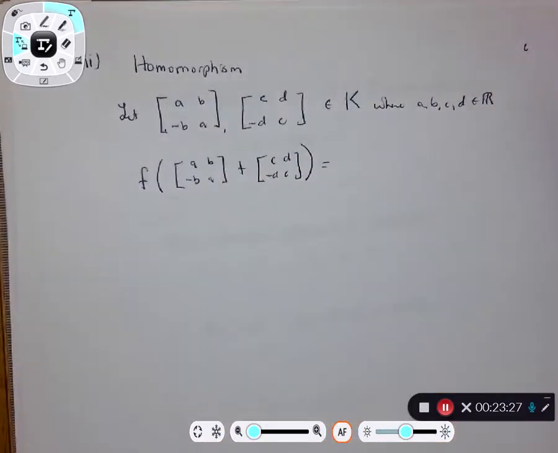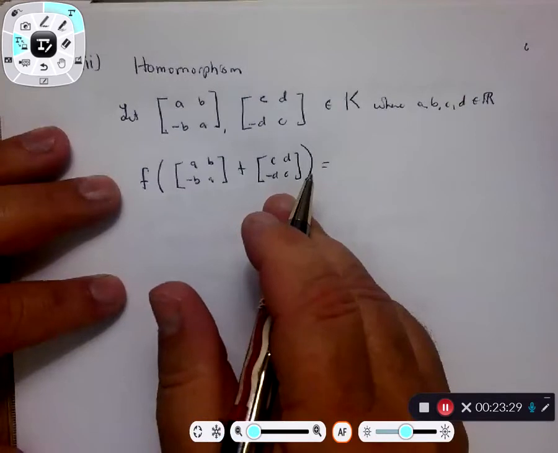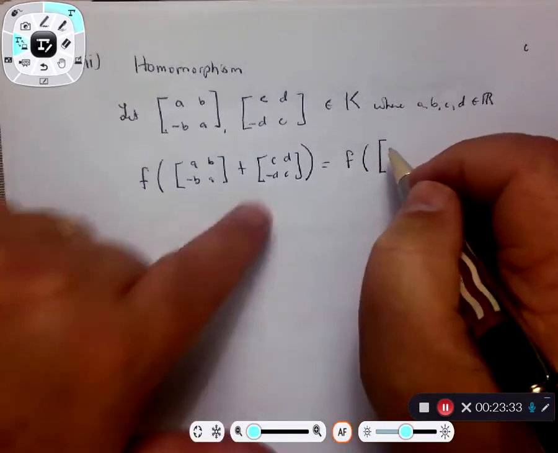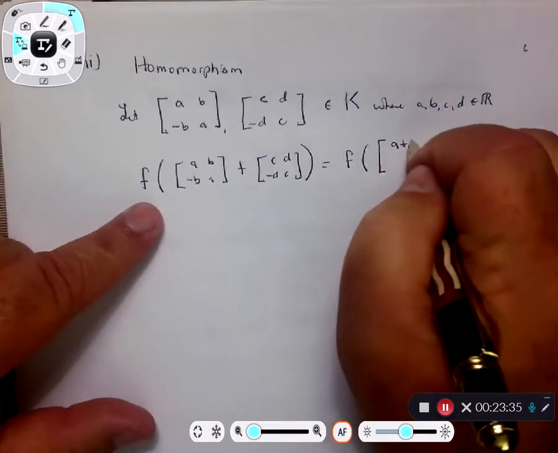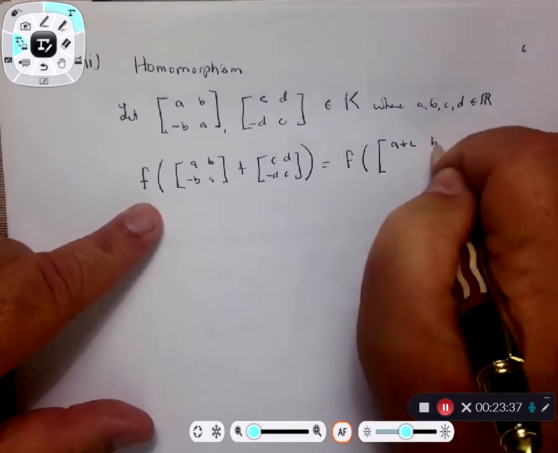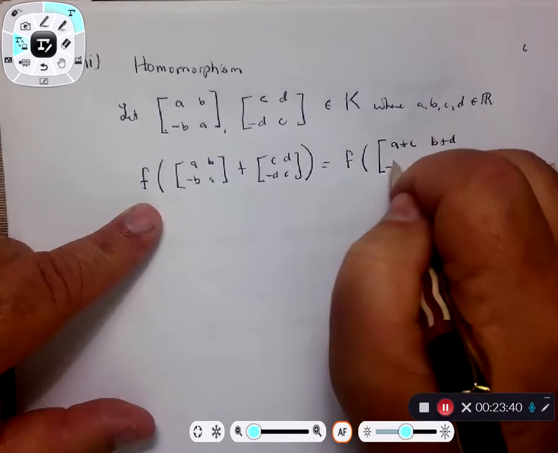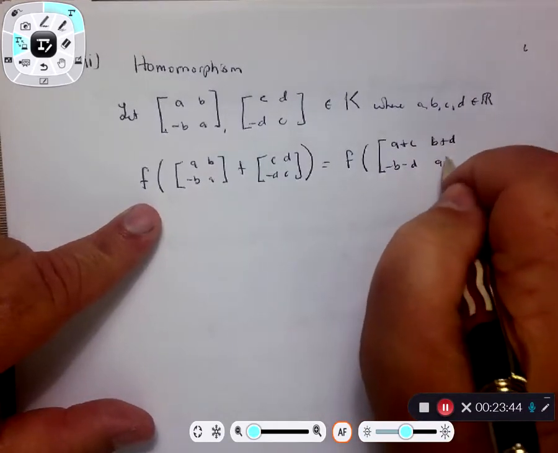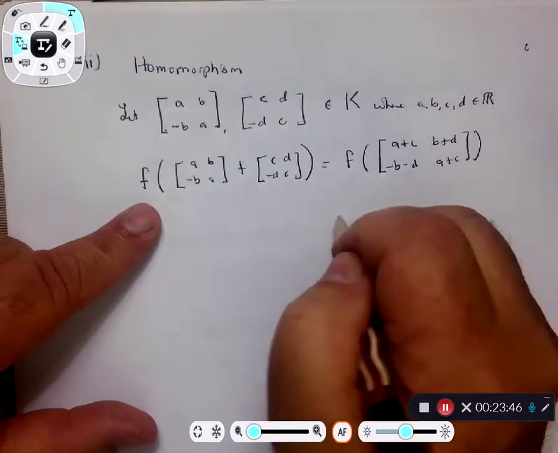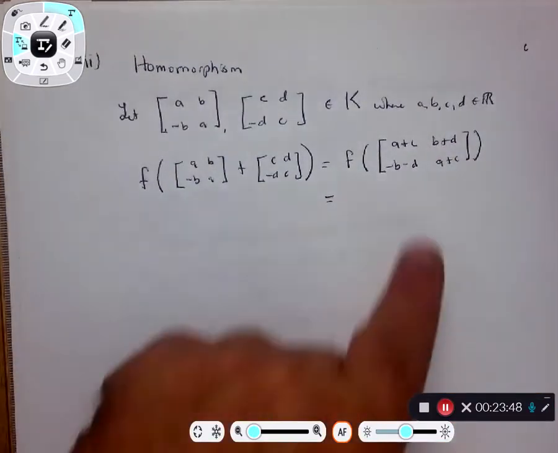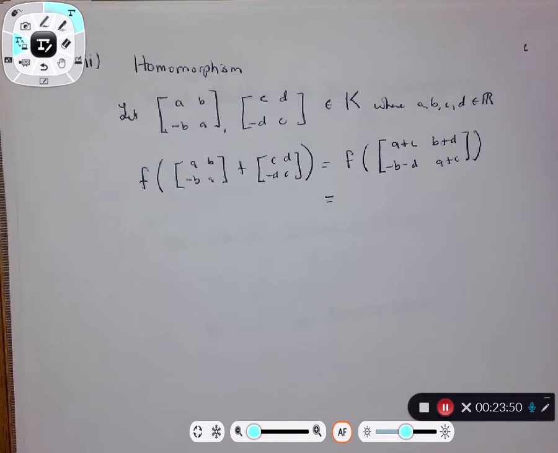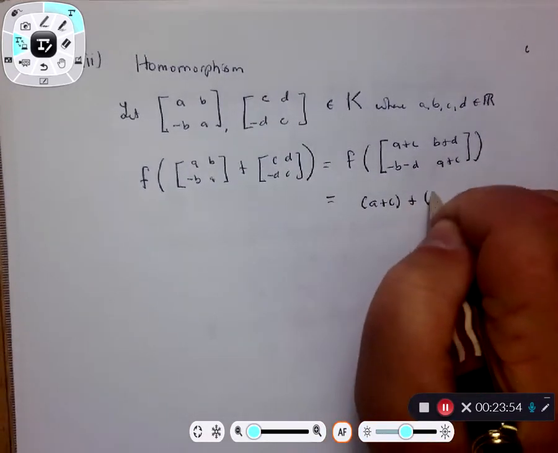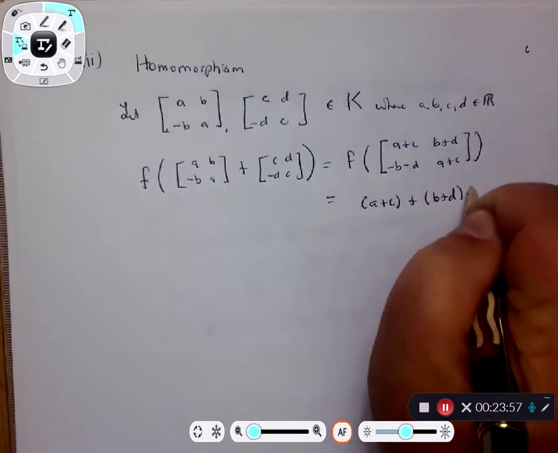According to my matrix addition, when you add matrices you add their components, so that's the same thing as f of the matrix a plus c, b plus d, negative b minus d, a plus c. And according to f mapping an element in K, this would end up being a plus c plus b plus d times i.